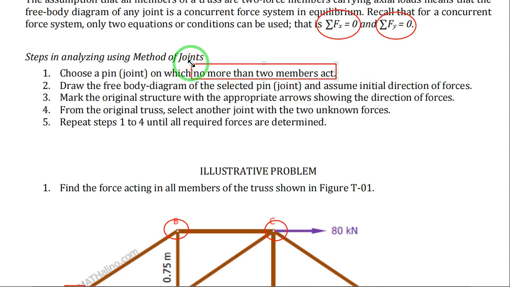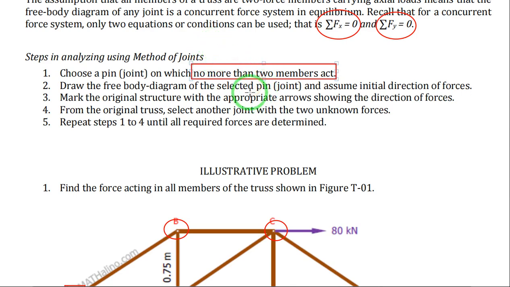Or shall I say, the joint you choose should have a maximum of two unknowns.